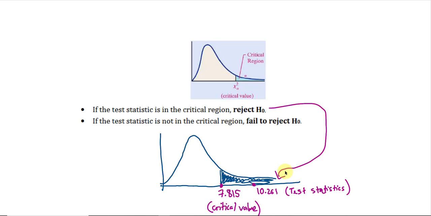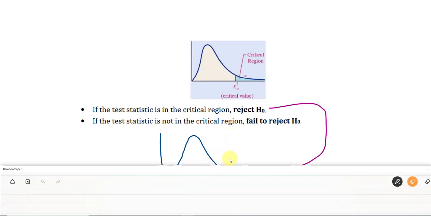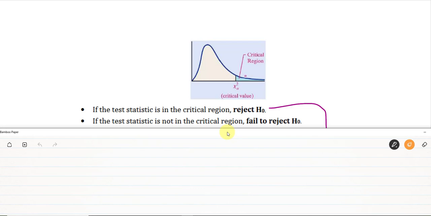Now there's a rule. If the test statistic is inside the critical region, we reject the null hypothesis. If the test statistic is not inside the critical region, we fail to reject the null hypothesis.